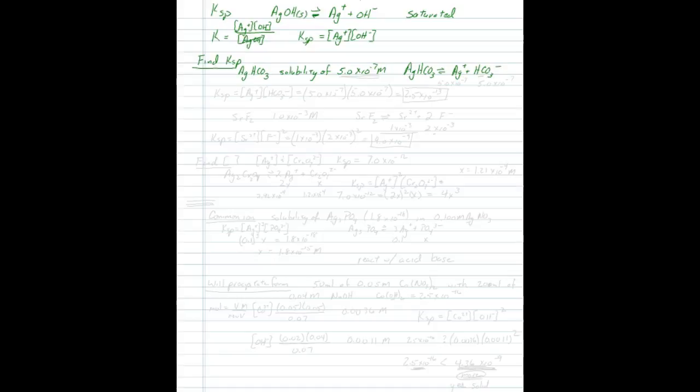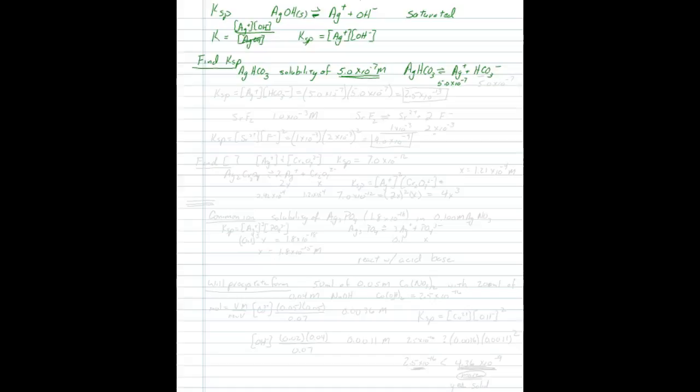So the Ksp, what this means is you have that molar amount of AgHCO3 that disappears. It's a 1-to-1 ratio. So how many silver ions do you have? 5 times 10 to the negative 7.